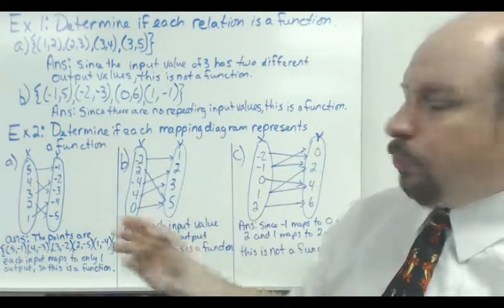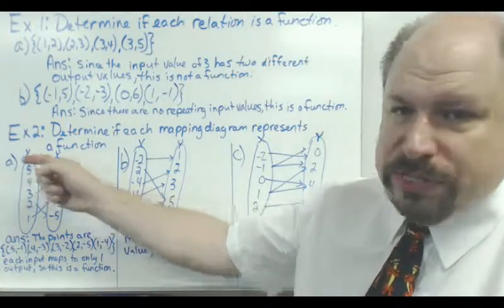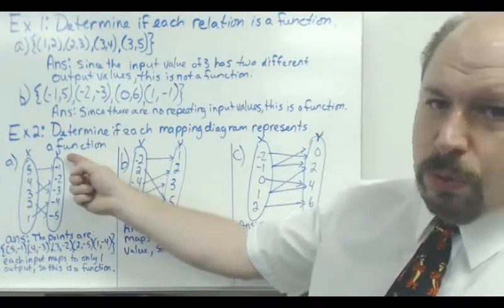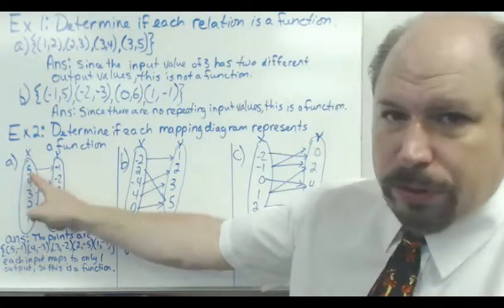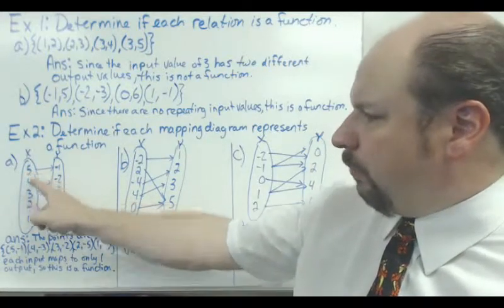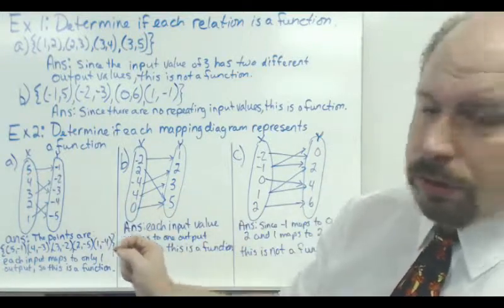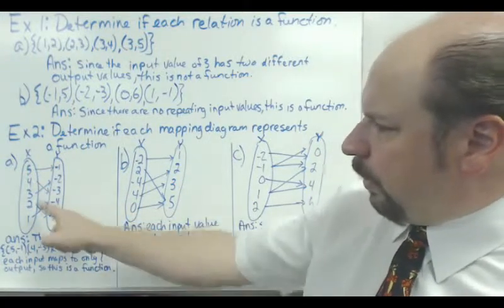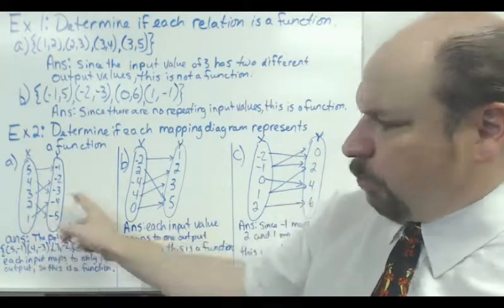Next example. Notice here we have some mapping diagrams now. We have our domain, which is the x's, and our range, which is the y's. We show a mapping from a number in the domain to a number in the range. Here, if we wanted, we could list those points. This represents the points (5, -1), (4, -3), (3, -2), (2, -5), and (1, -4).